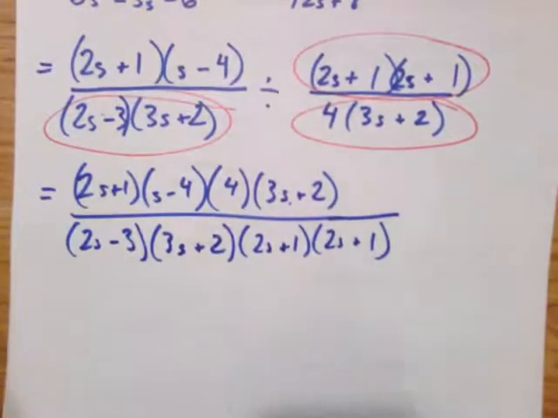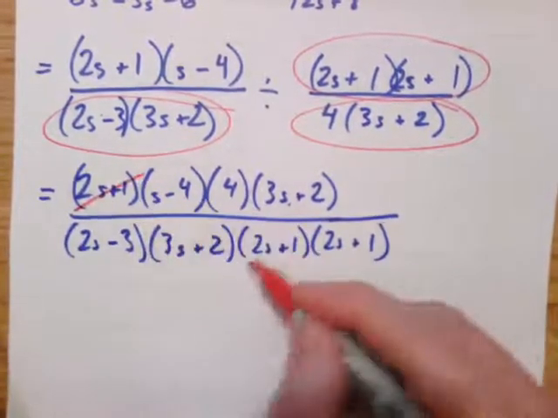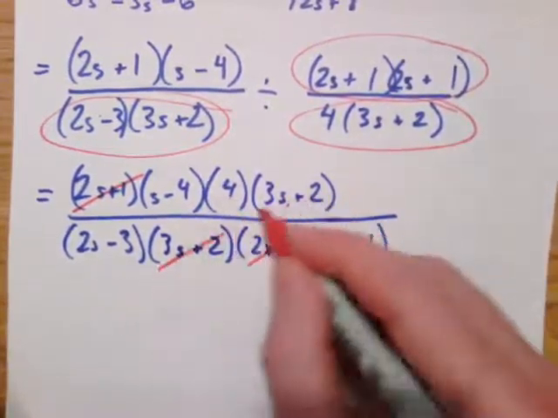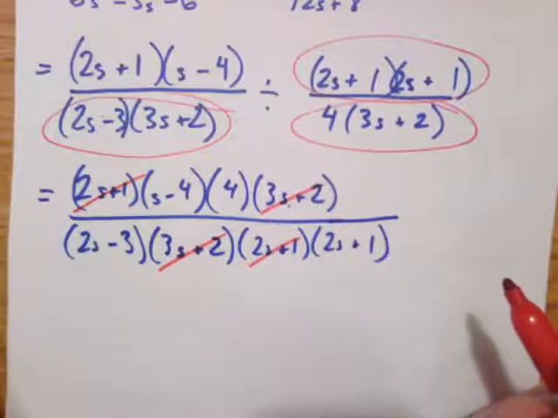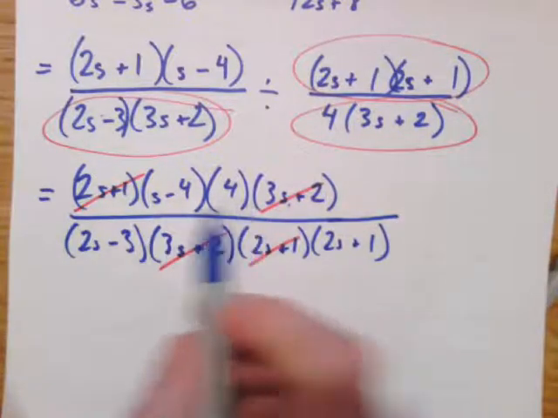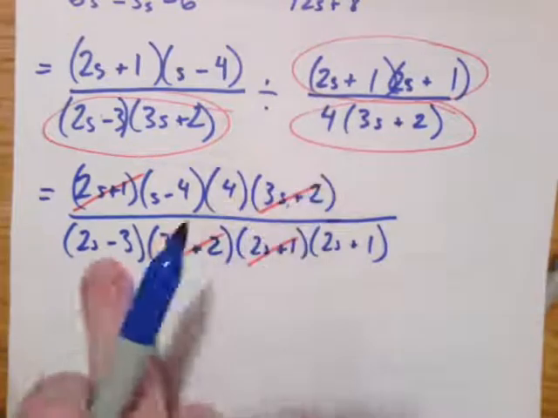Okay, so now we cancel where we can. 2s plus 1, s minus 4, not there. 4, no. 3s plus 2, yes. All right, so rewrite this. Textbook will just have them kind of like these two and then these two.